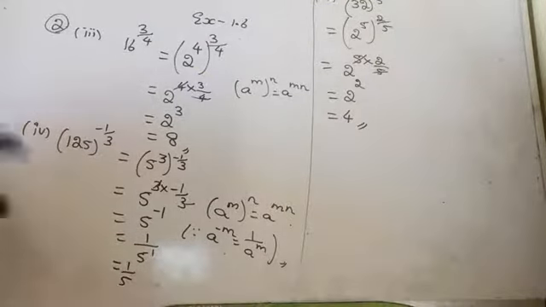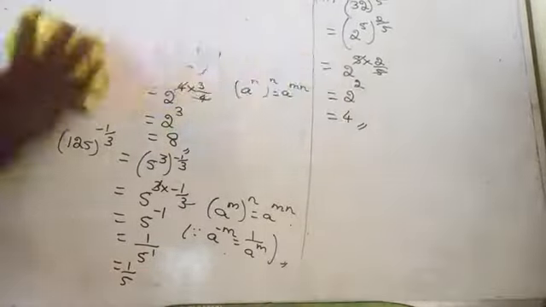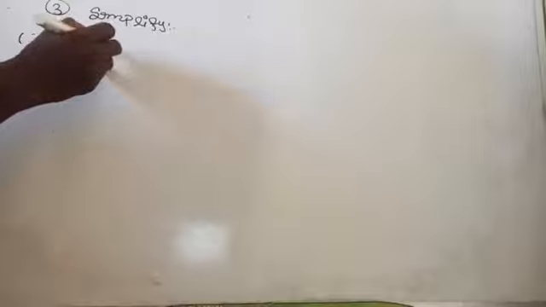Look at the third question. Simplify. The first part is 2 to the power 2 by 3 into 2 to the power 1 by 5.